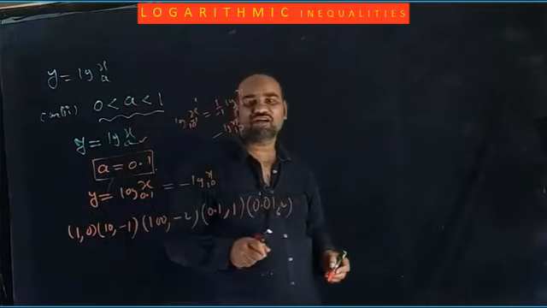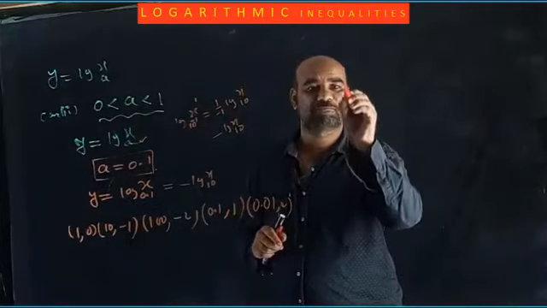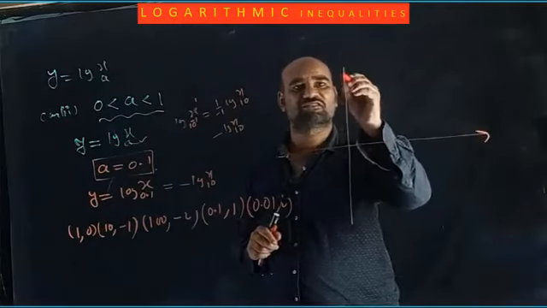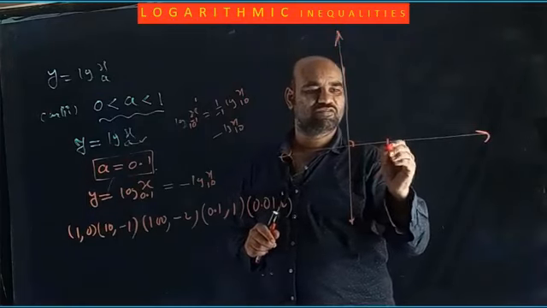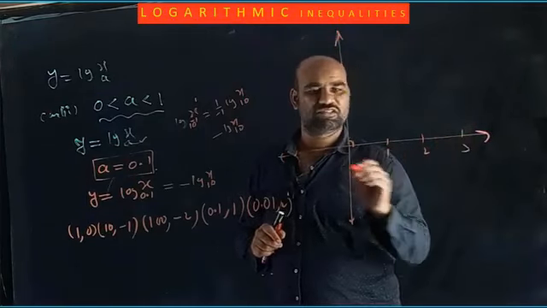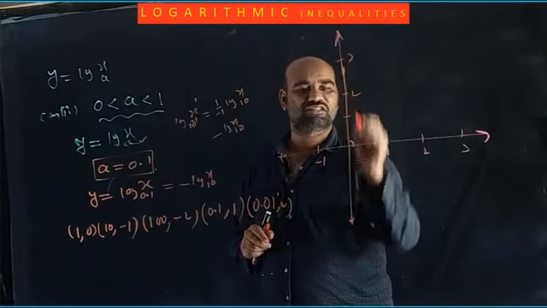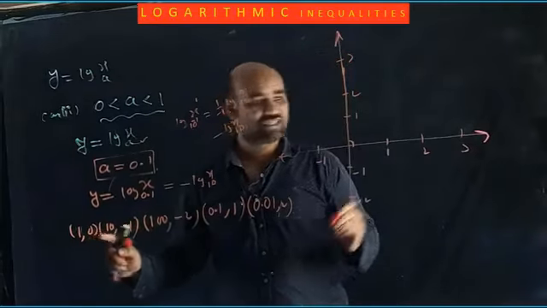Now I want to plot all these on the coordinate plane. Observe here. This is the y axis, this is the x axis, with marks 1, 2, 3, minus 1. X is 1, y is 0 here.